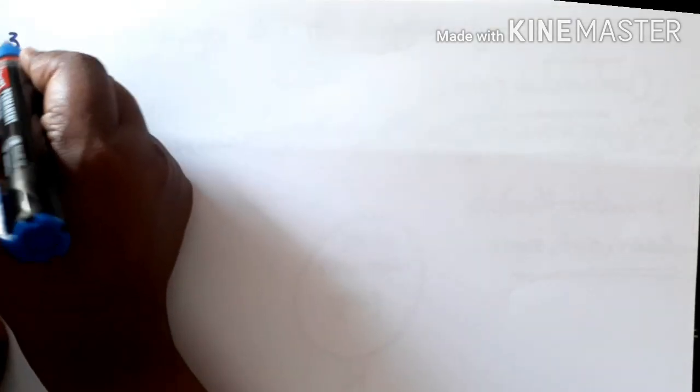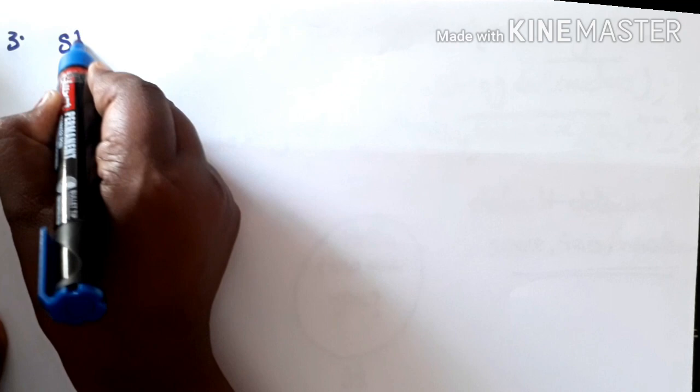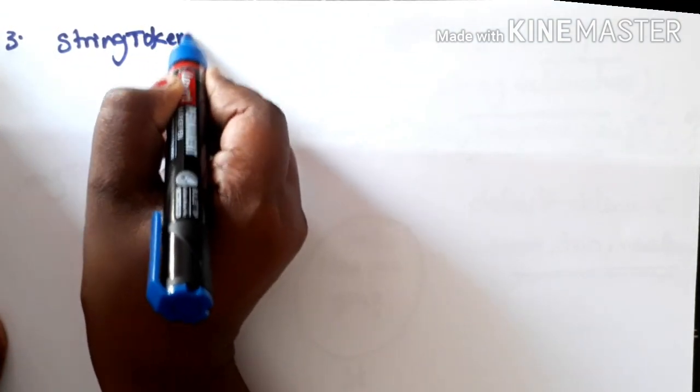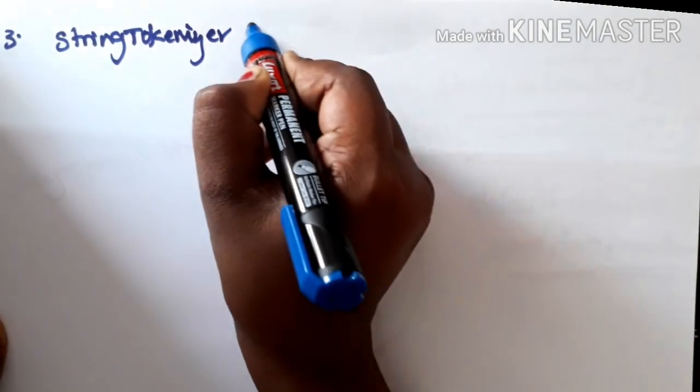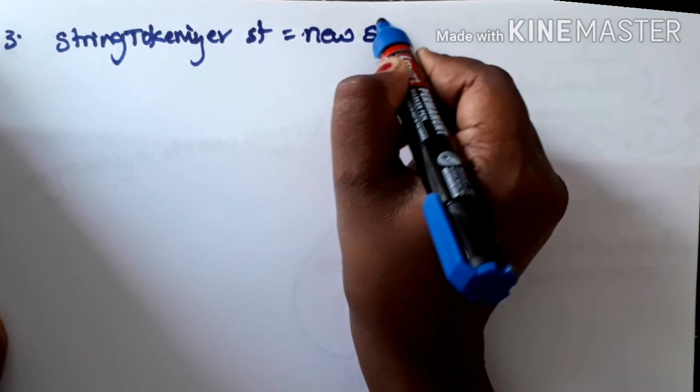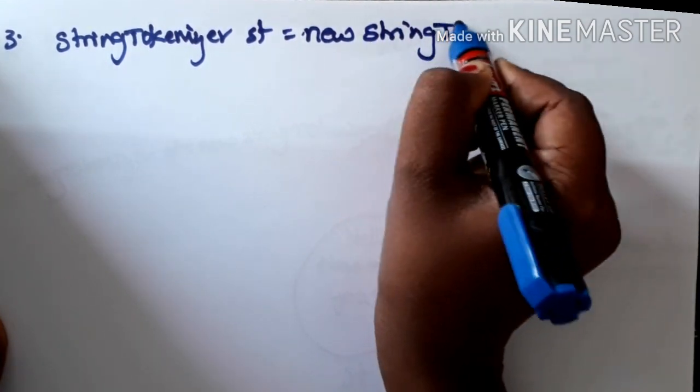Now we'll see the third method for creation of a StringTokenizer object. The third method is: StringTokenizer st = new StringTokenizer(.